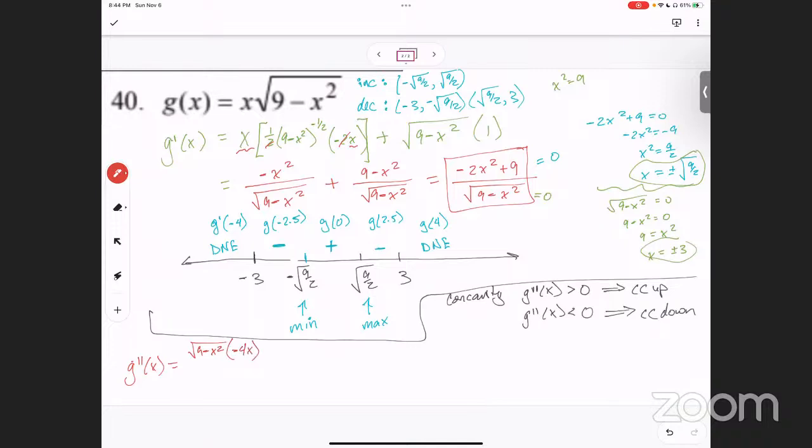Negative 4x. Perfect. Minus high d low. What's d low? 1/2 times 9 minus x squared to the negative 1/2 times negative 2x. Perfect. Good job.